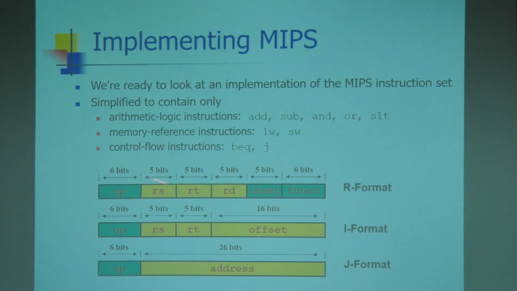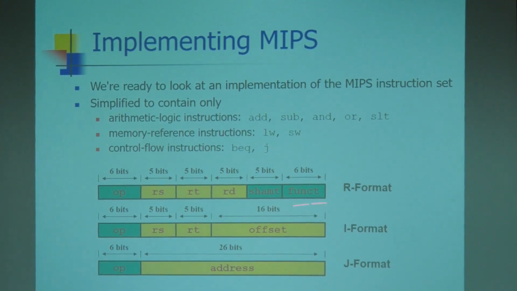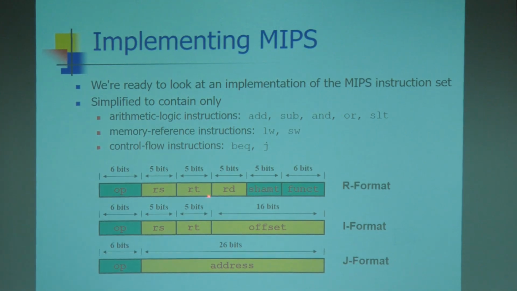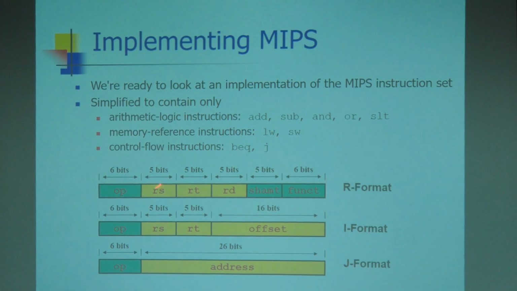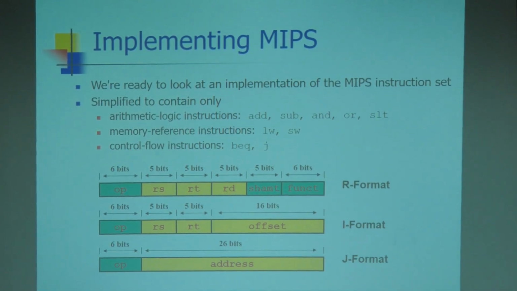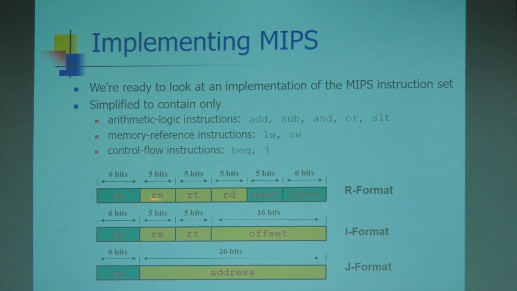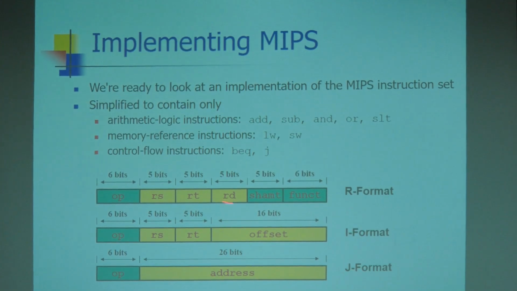So 15 bits of this 32-bit machine code are the addresses of the registers only: 2 read register addresses and 1 write register address.